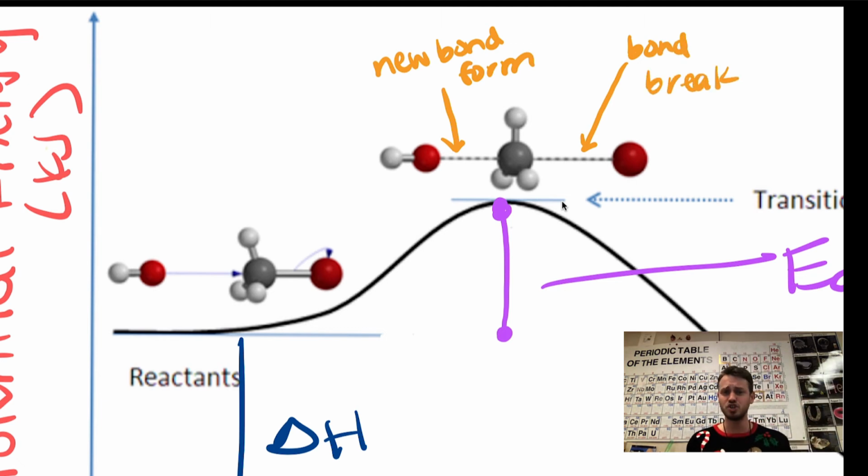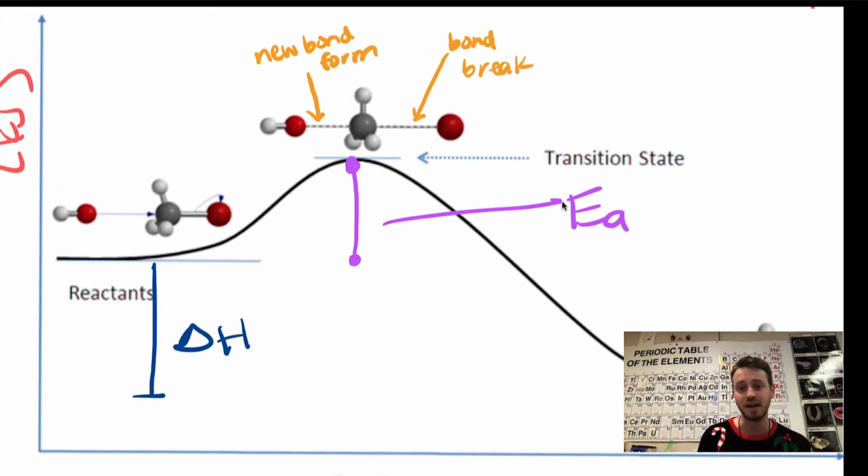You don't have to understand the molecular orbitals or the chemistry that explains why that happens. But basically, this is that middle state, not an intermediate, just that middle state, the transition state, where the new bond is forming and the old bond is breaking.